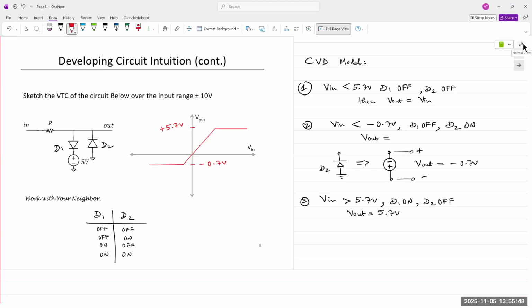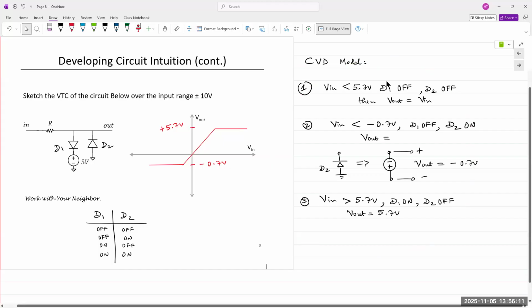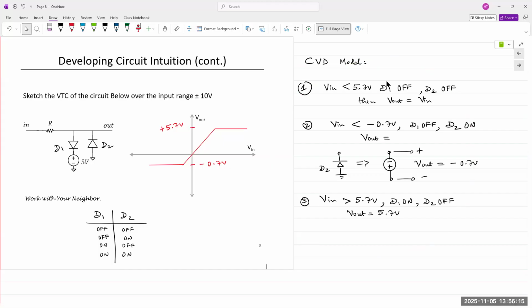Shall we move on to the next one? Oh, wait, what happens if both are on? Is that possible? Both would not be on, not with this case scenario, no. We've covered all scenarios right here. The two primary scenarios are whether it's greater than 5.7 or less than 5.7.